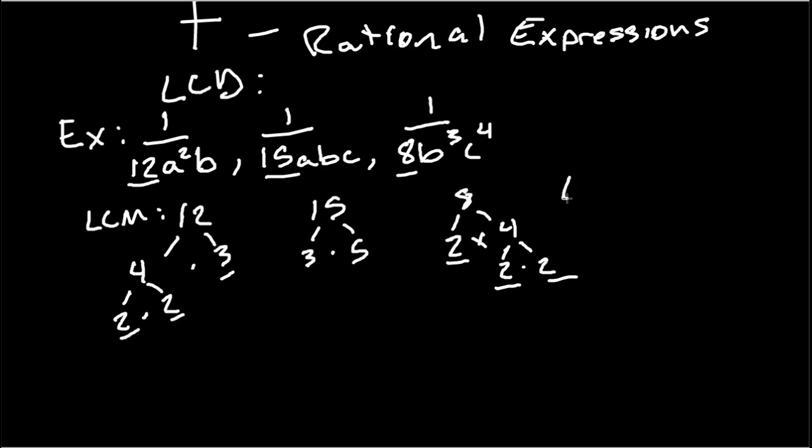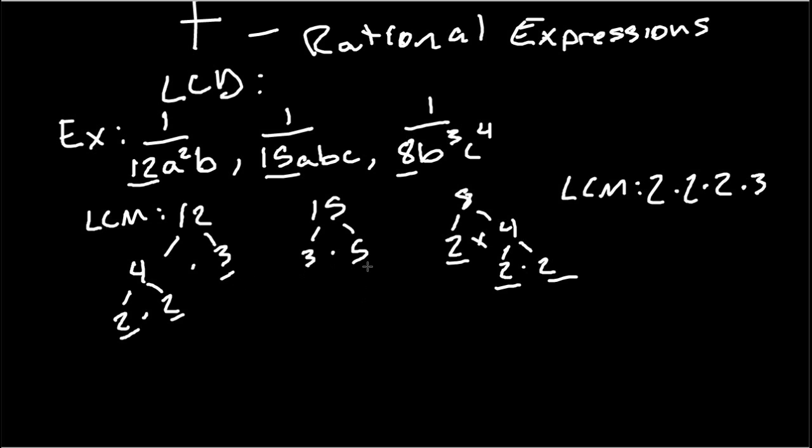Now, to figure out the LCM, you write each factor the number of times it appears the most. So let's start with 2. 2 appears here twice, but 2 appears here 3 times. So we're going to use 2 times 2 times 2. 3 appears once here and once here, so it's only going to appear once in our LCM.